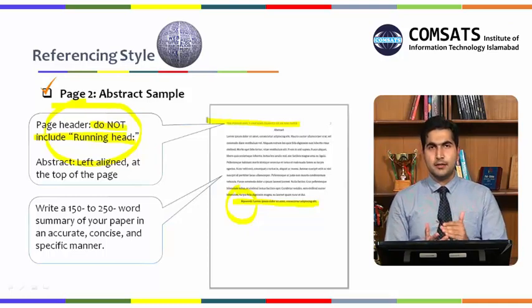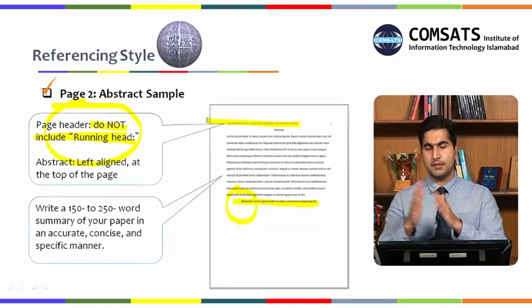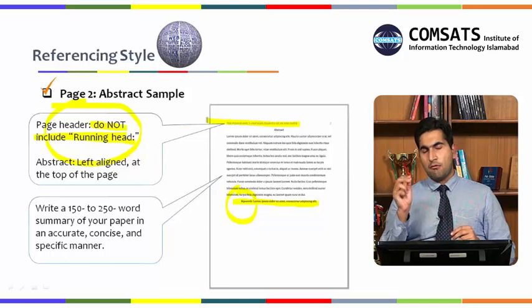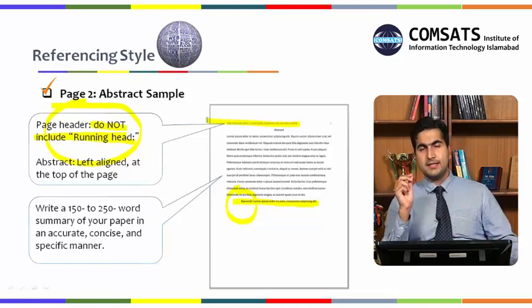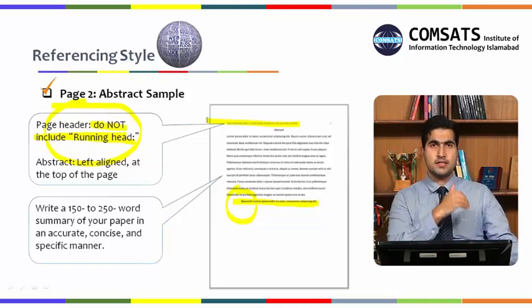To make it different, the words running head should not be there at the top; only the topic should be there in the rest of the pages. In a Microsoft Word document, there is a button called different first page, at the top. You check it, and all of a sudden it will take you back to page number 1, right from scratch.